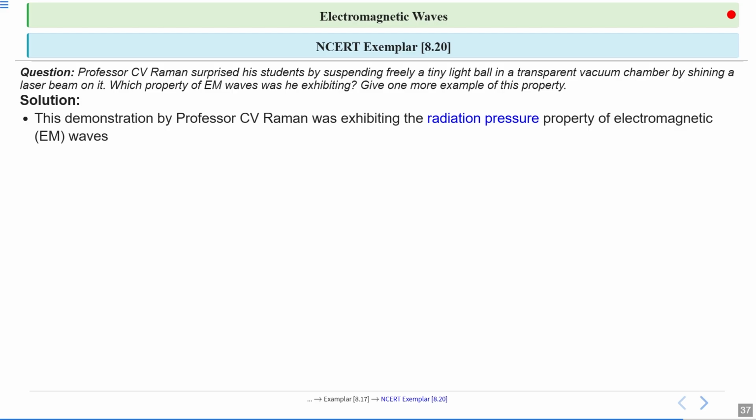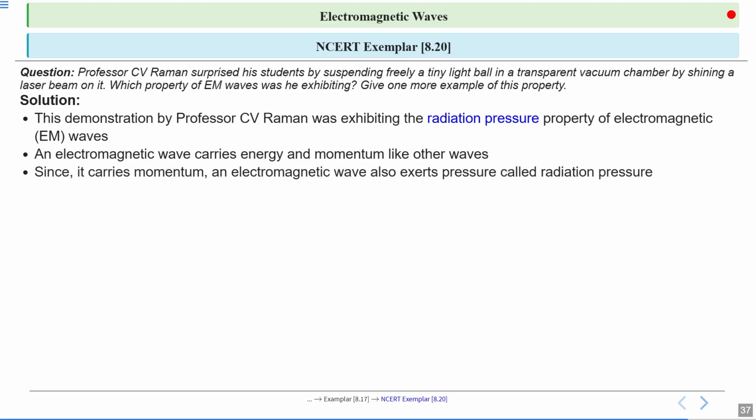The radiation pressure property. An electromagnetic wave carries energy and momentum like other waves. We have discussed that an electromagnetic wave carries both energy and momentum. Since it carries momentum, an electromagnetic wave also exerts pressure called radiation pressure. We have discussed radiation pressure also.